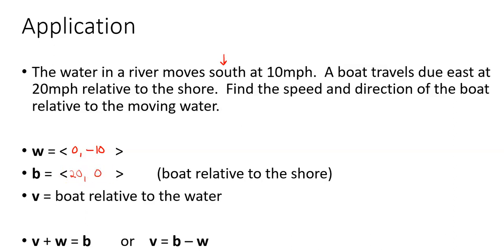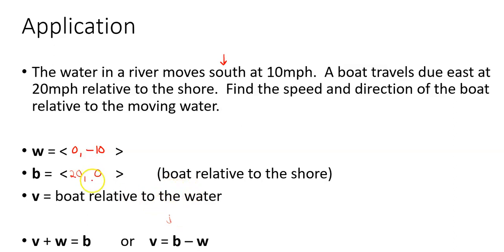What I want to find is the speed of the boat relative to the water. Well, if I add the speed of the boat relative to the water plus the water, I'll end up with the speed of the boat, but that's not what I have. So if you look down the bottom, I switched things around. I made the velocity of the boat relative to the water the boat speed minus the water, right?